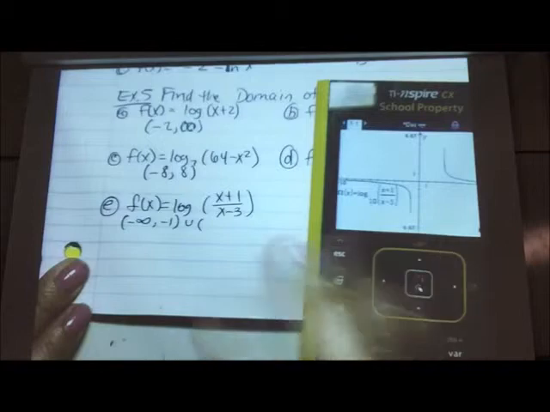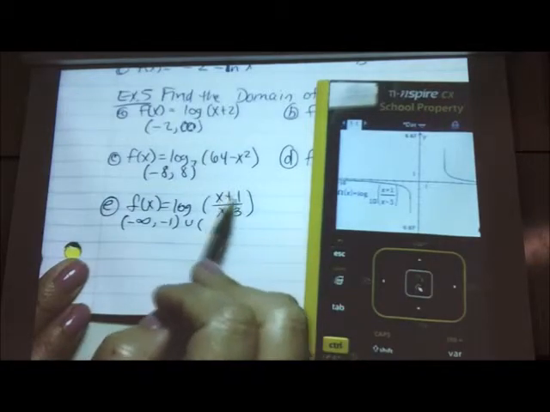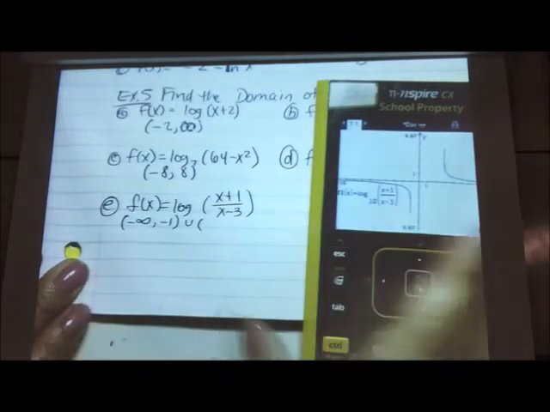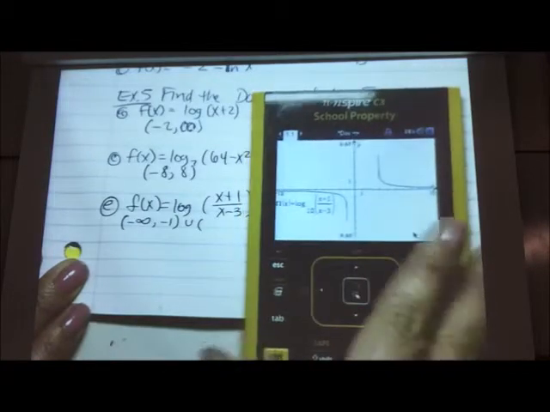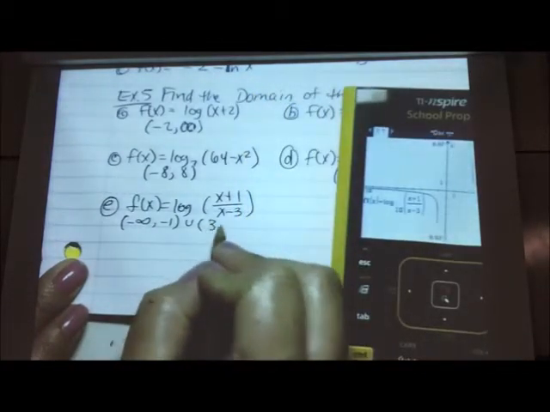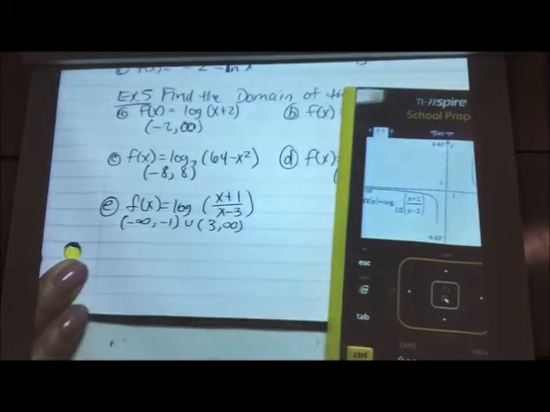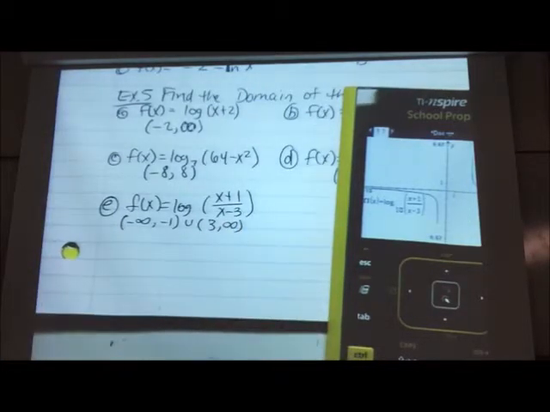Where do you think that negative 1 came from? The plus 1 on top. And then it starts off at positive 3. Where do you think that positive 3 came from? From your denominator. So the numbers in the equation are going to help with your domain and range.